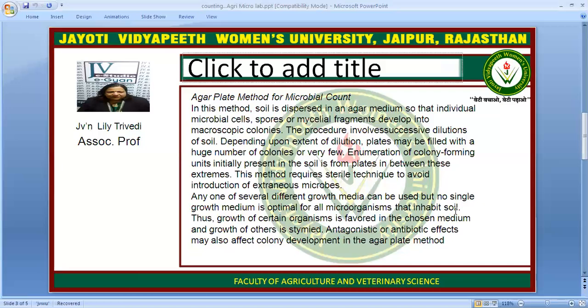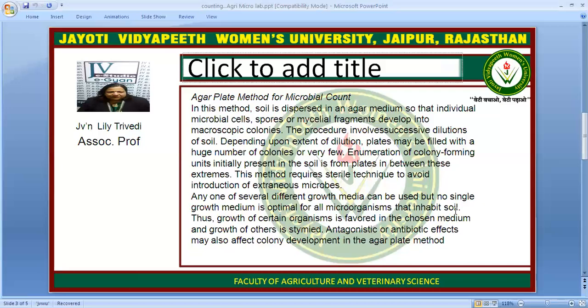The enumeration of the colony units initially present in the soil lies between the extremes. It can be diluted to a very low level or can be very condensed or dense. So this method requires sterile technique to avoid the introduction of any other microbe. Now, we use several different growth media and no single growth medium is optimum for all microorganisms present in the soil.